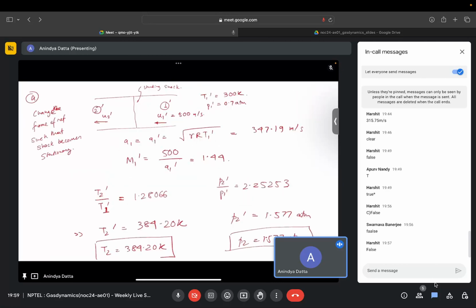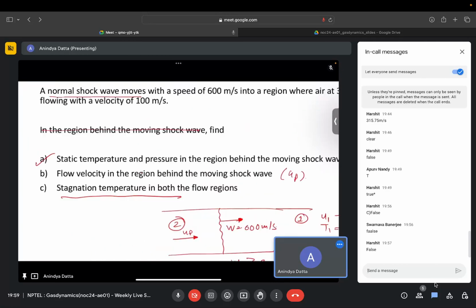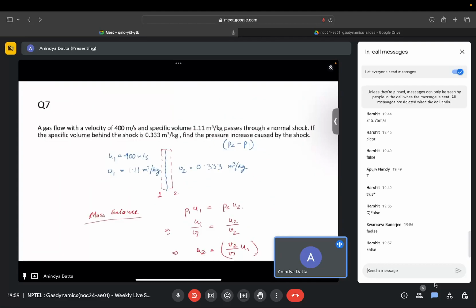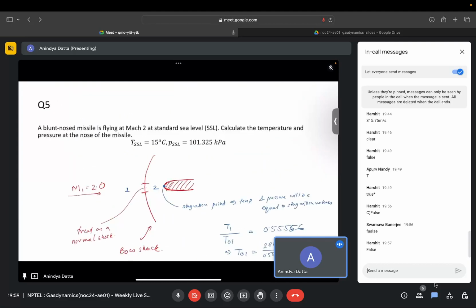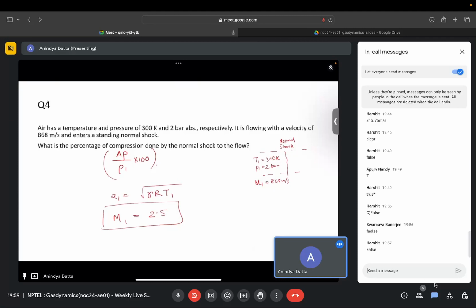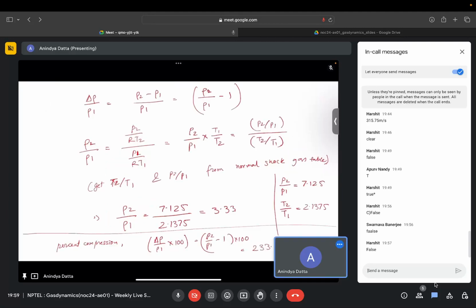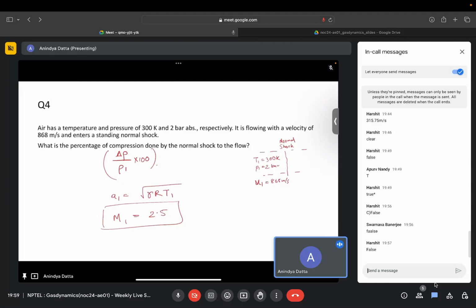If you remember, we did this problem previously, in one of the problems we discussed, the maximum percentage of compression is given by delta rho by rho 1. So that is rho 2 minus rho 1 by rho 1, which is rho 2 divided by rho 1 minus 1, so it will be 6 minus 1, times 100.